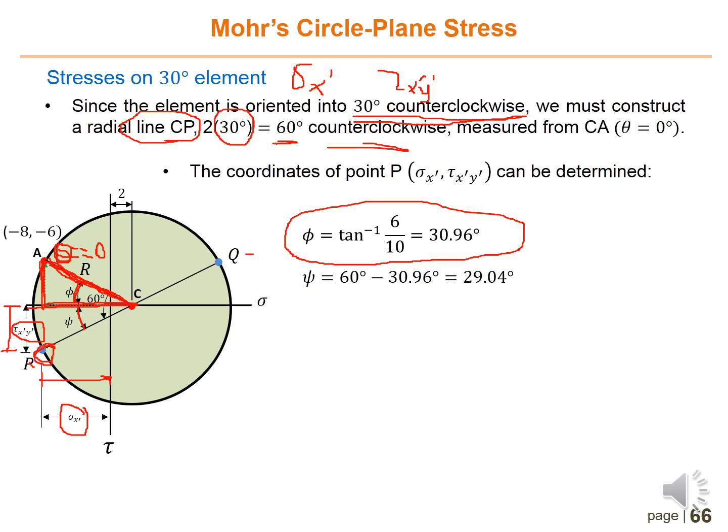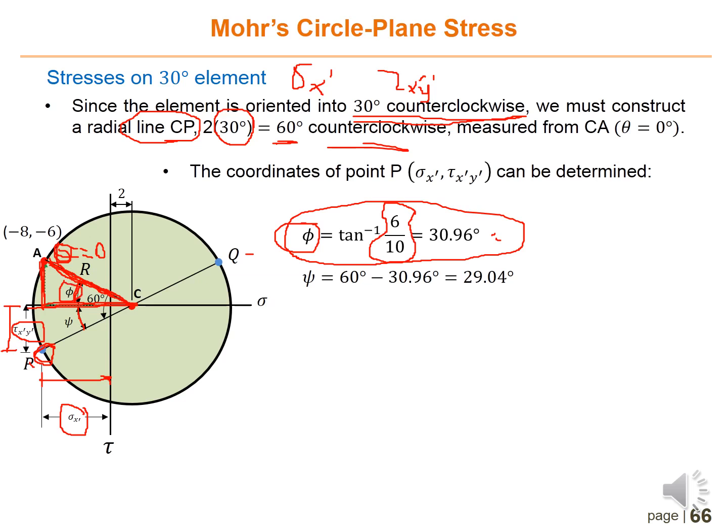So you can calculate phi equals tangent inverse of 6 divided by 10, and the angle is 30.96 degrees. So this is phi.